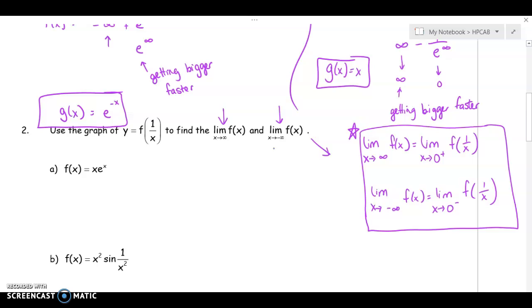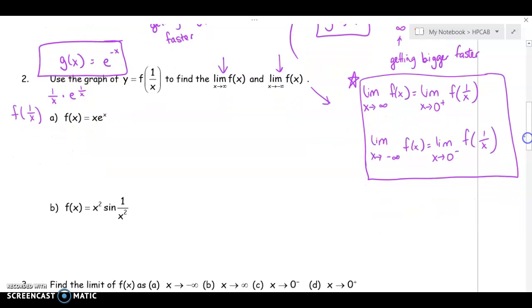For part A, if you were to graph f of 1 over x, so instead of x e to the x, if you were to graph 1 over x times e to the 1 over x on your calculator, here's just a basic sketch of what this thing would look like. The right piece would look something like this, and the left piece does something like this.